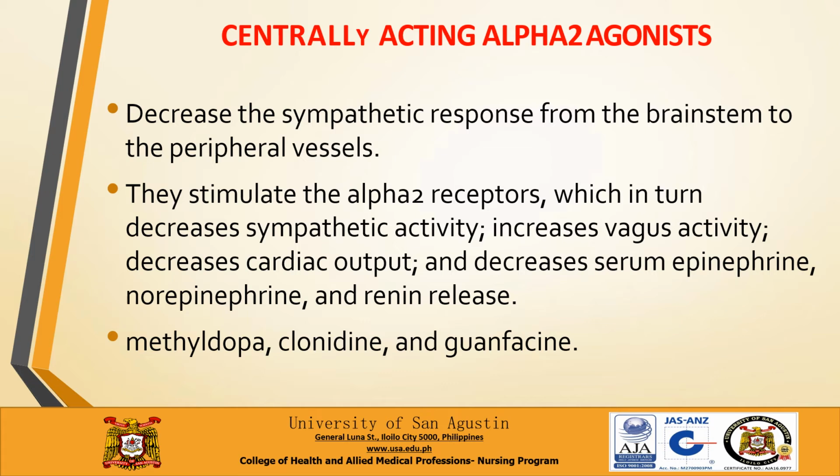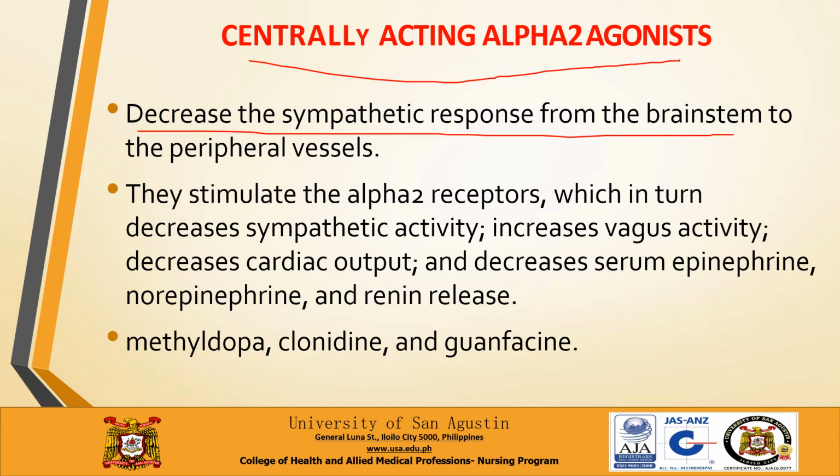Okay, so let's proceed with the centrally acting alpha 2 agonists. They decrease the sympathetic response from the brainstem to the peripheral vessels. It stimulates the alpha 2 receptor, which in turn decreases sympathetic activity. So there is increased vagus activity, decreased cardiac output, and decreased release of serum epinephrine, norepinephrine, and renin.